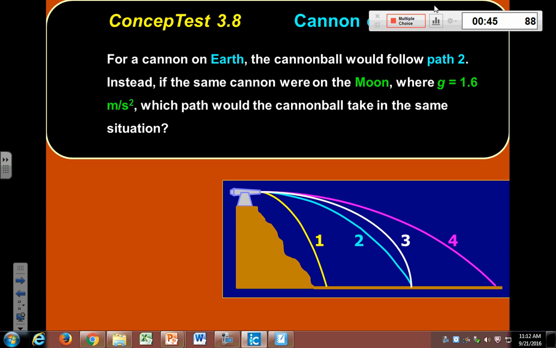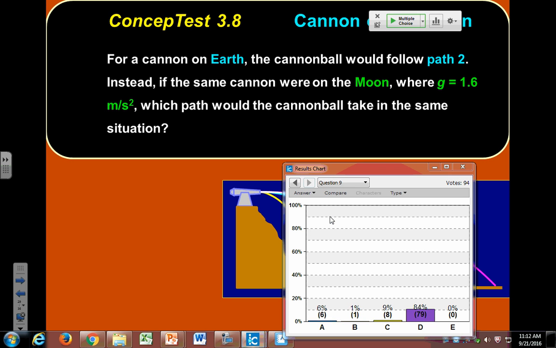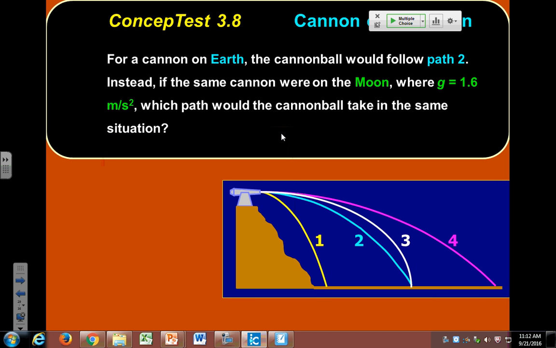All right, let's stop at 55, 5 more seconds. D is right. Good. So what happens here, the acceleration due to gravity is less on the moon, and so that means it's going to drop at a slower rate.